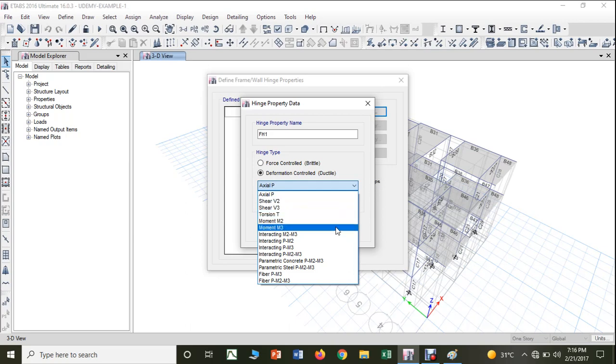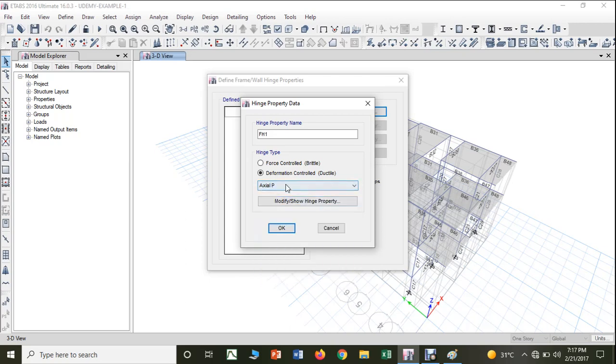Then if you want any interaction, that is moment interaction about M2 and M3, or moment interaction with M2 and P, that is moment and axial load in one direction, then one more moment and axial load in another direction, then you have one more, moment along two directions as well as axial load, right? So you have different combinations. You can choose any of these and define it.